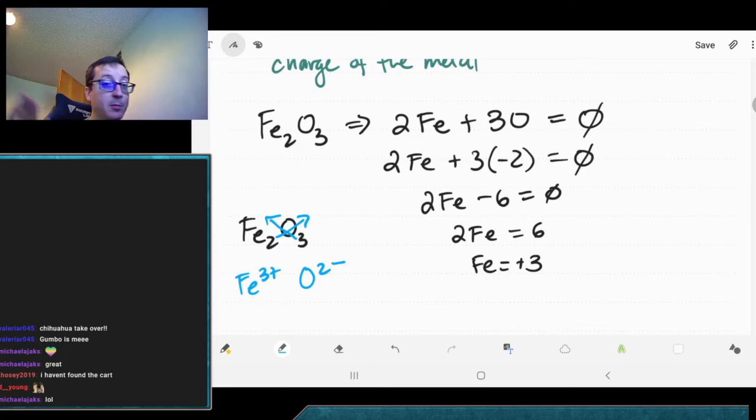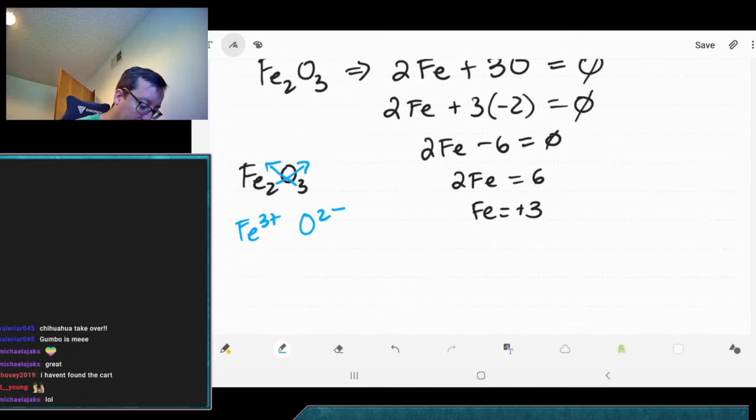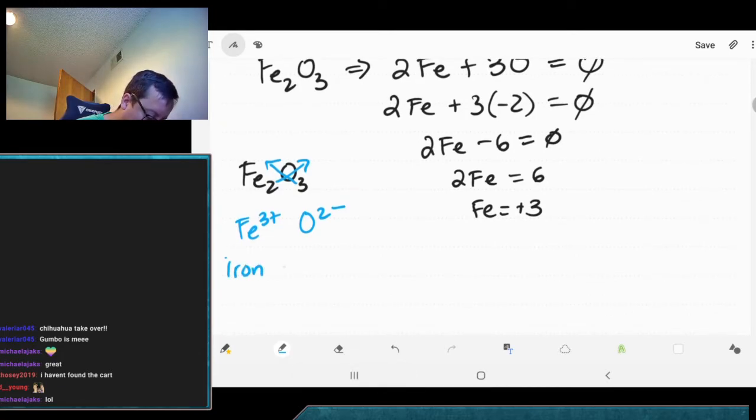So, multiple ways again. Choose whatever you like. Whatever you like, it will work. And so as a result, we know that Fe3 plus is iron 3. That's the name of that ion. And the oxygen 2 minus is called oxide. So that's our name.